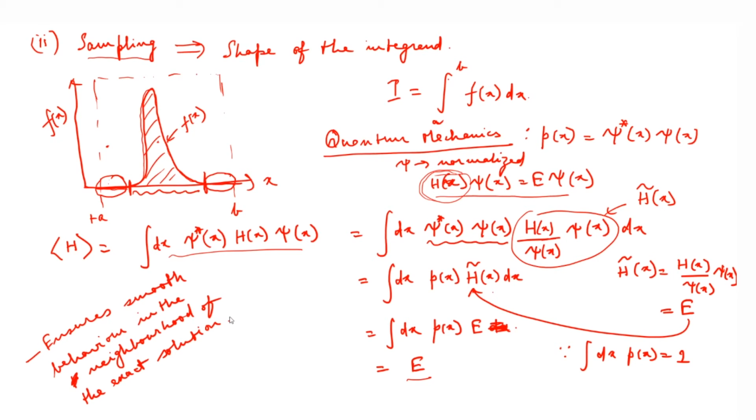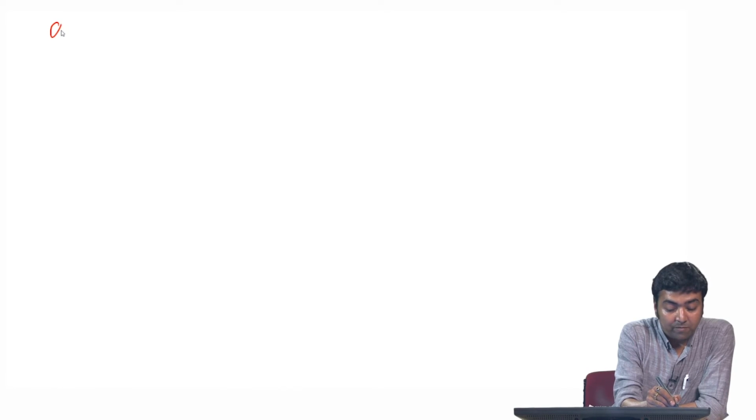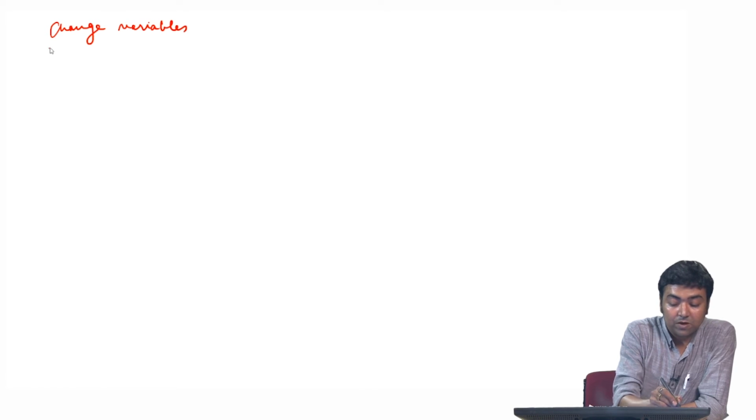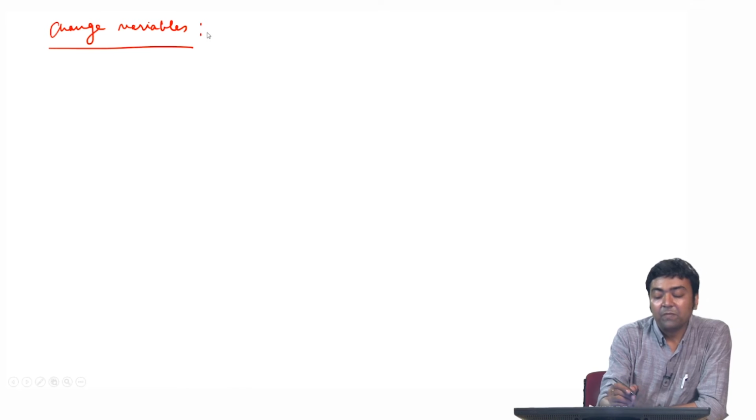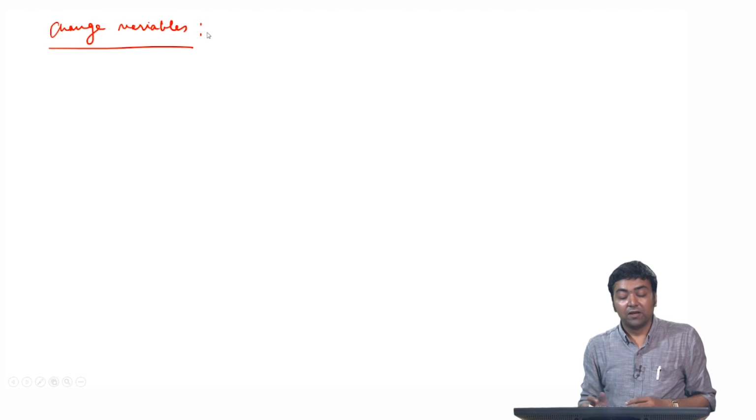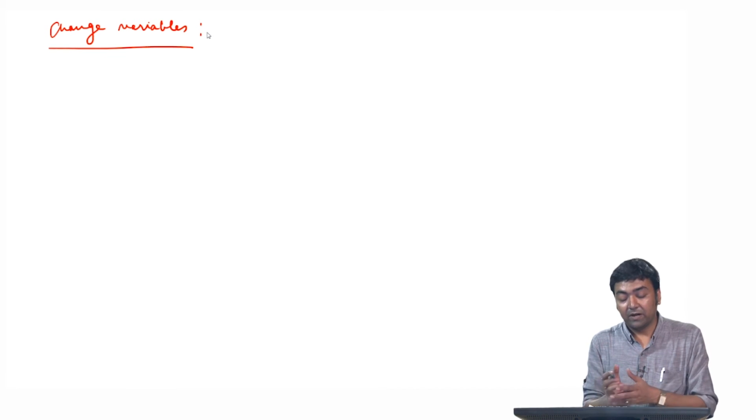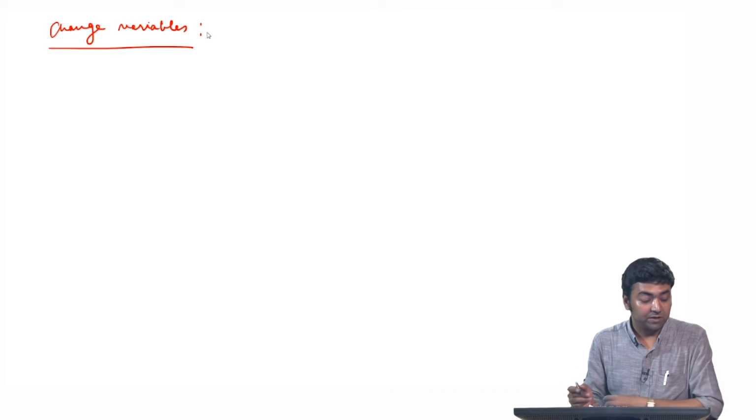Okay, so, with this brief idea about the change of variables and the improvement of sampling, let us come back to the change of variables. We will now talk a bit more about how one can do change of variables. We will see some examples of how you can change your variable and go from one type of distribution to another distribution.